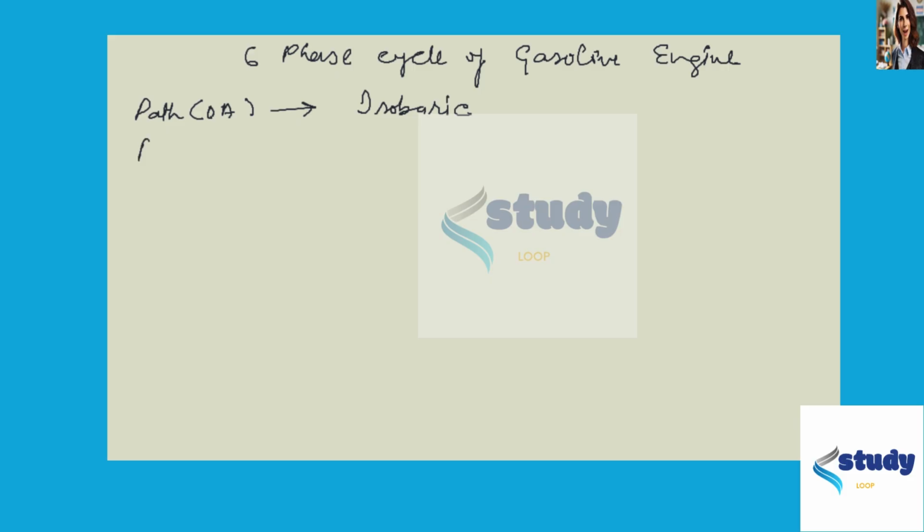Path AB, from point A to B, is adiabatic. Path B to C is isochoric.